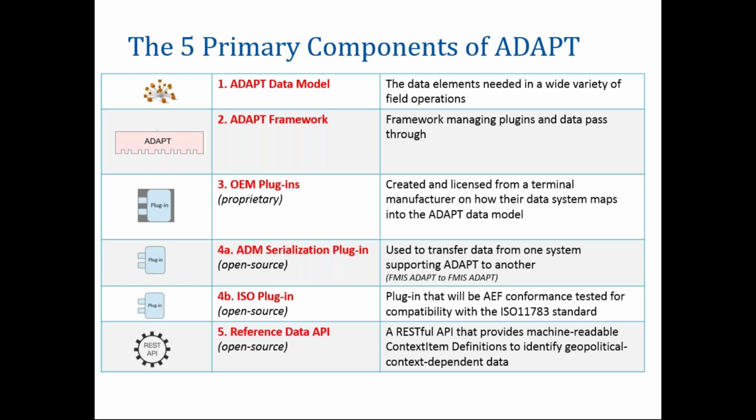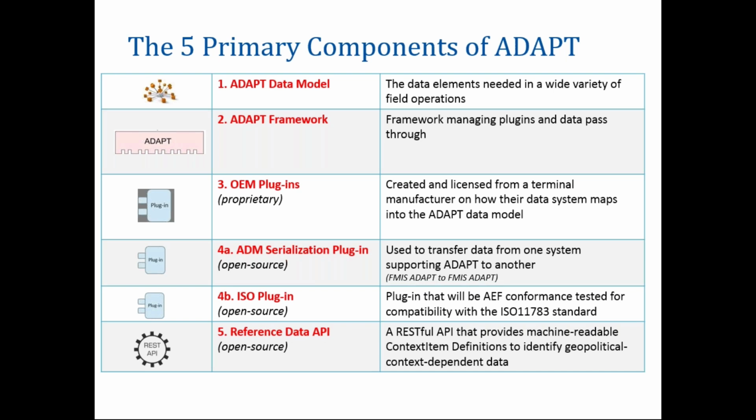This is what manufacturers like CNH have to create, because we have to go through our development to make sure that we're mapping all of our proprietary terms and functions, and make sure that we've conceptually mapped them to ADAPT.